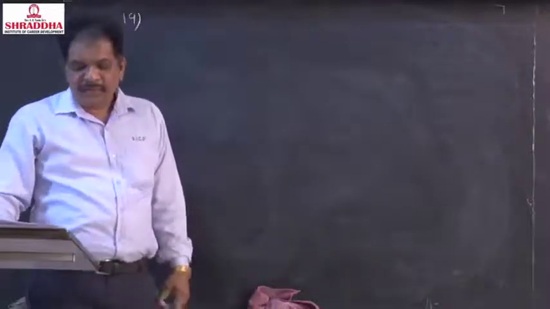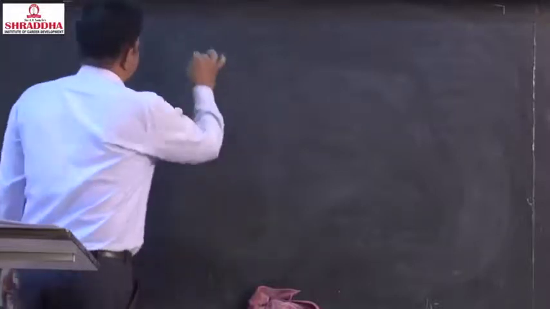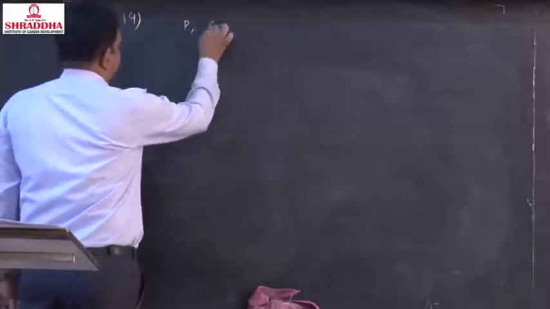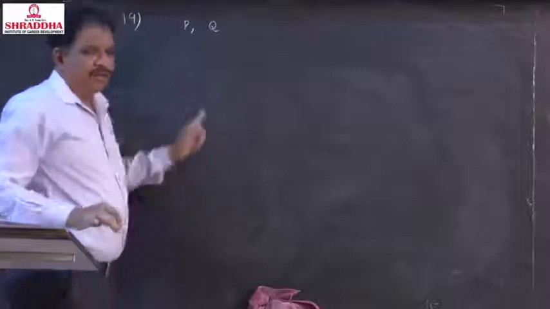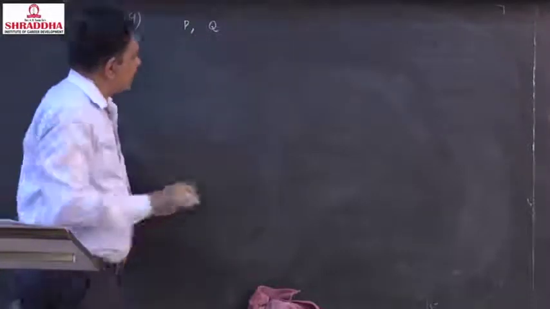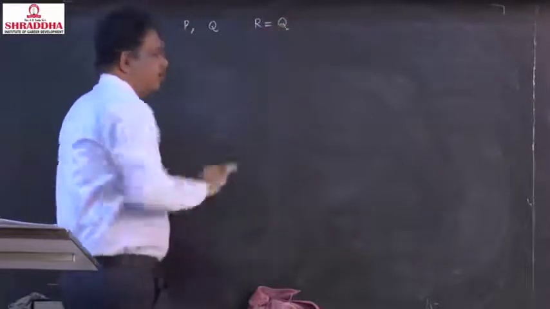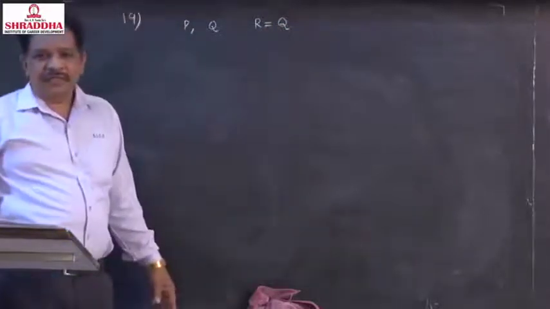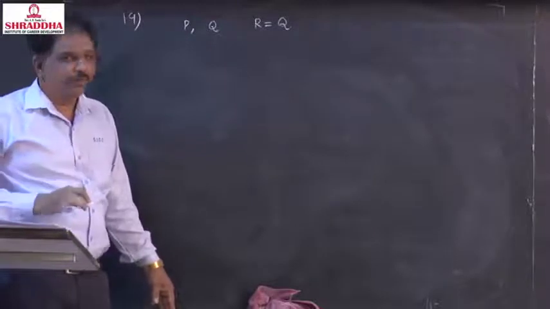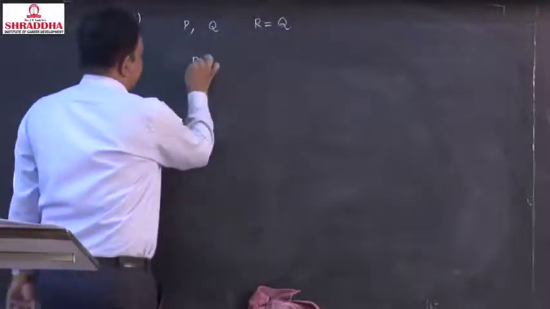So, two vectors are there, P and Q. Their resultant is also Q. Two vectors' resultant is also Q.